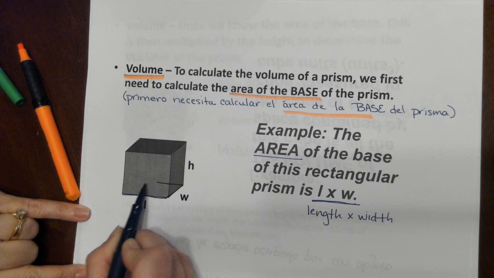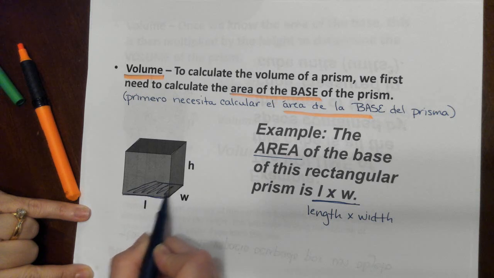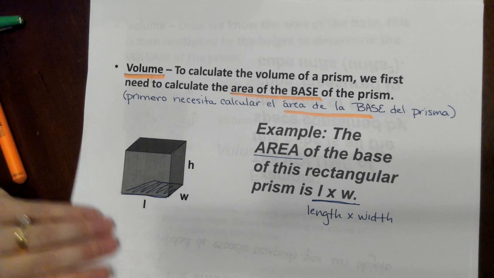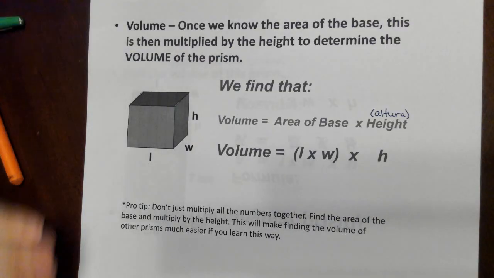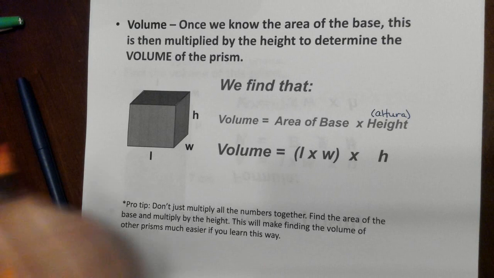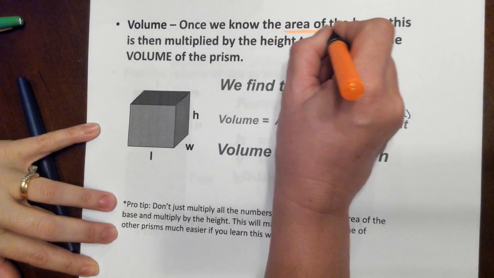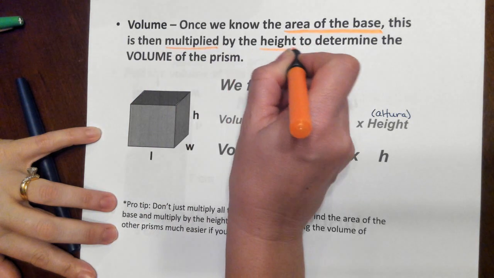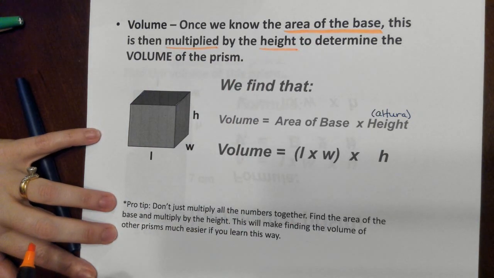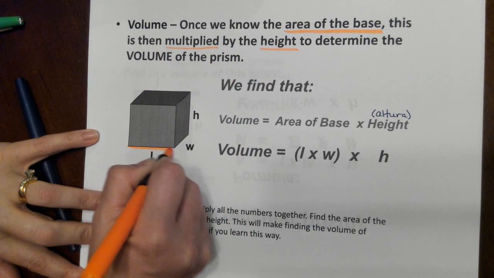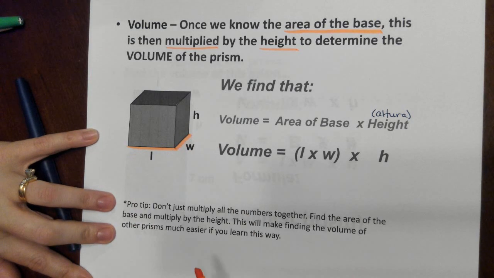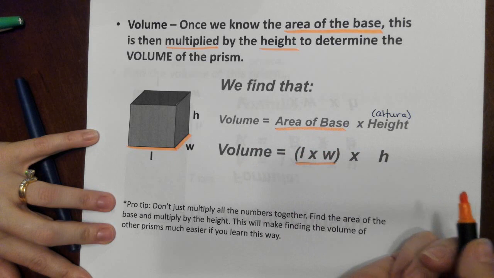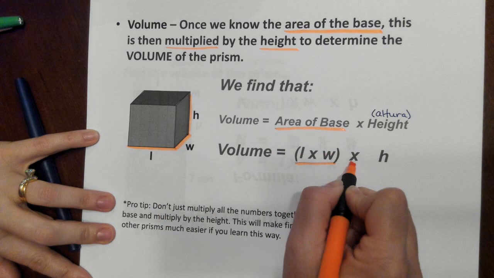The base of that shape, we want to find that area. So once we know the area of the base, then we multiply it by the height. So ultimately we're taking the length times the width, which gives us the base area, times the height.